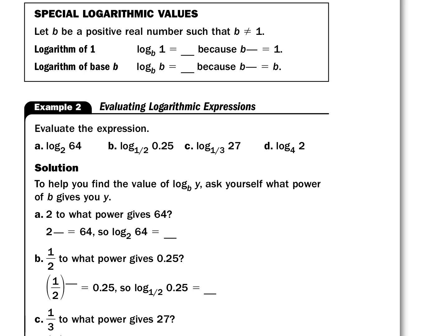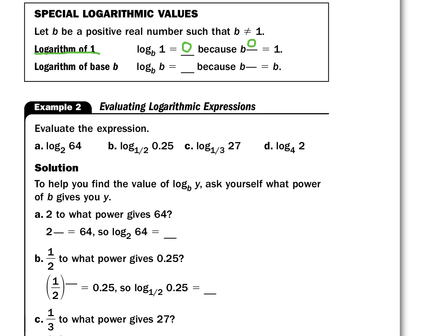Now we've got special logarithmic values. So the logarithm of 1: log base b of 1 is equal to 0 because the only way that we can get 1 as the result of a power is if we take something to the 0 power.